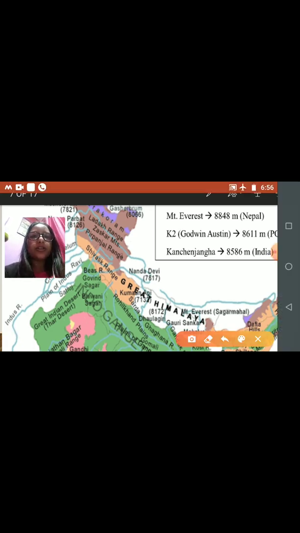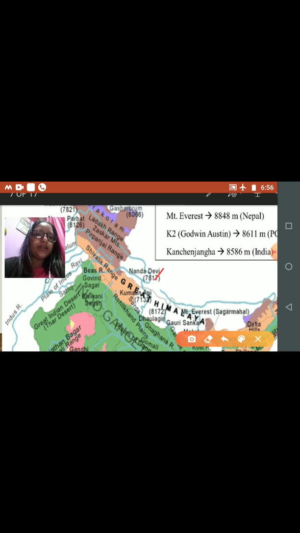Then we have another important peak, Nanda Devi, Dhaulagiri, then Kanchenjunga, Nanda Devi, Nanga Parbat. These are all the important peaks of this Greater Himalaya or Himadri.